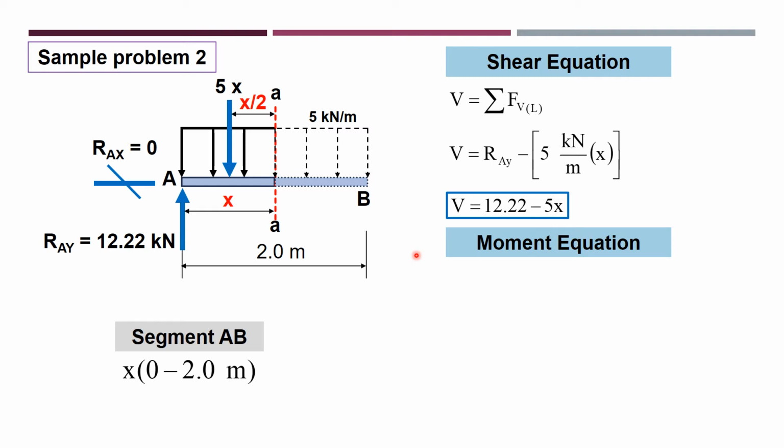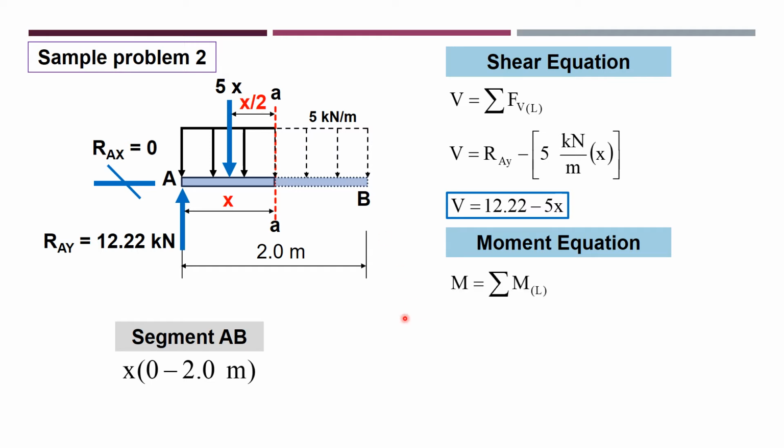And for the moment equation, RAY will rotate in clockwise direction with moment arm of x, and 5x in counterclockwise direction with moment arm of x over 2.